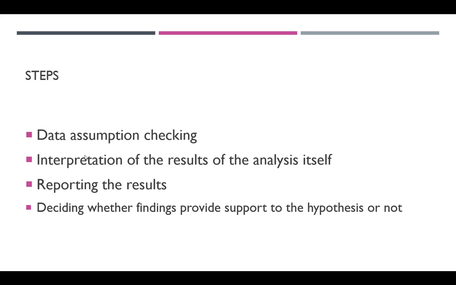So I normally look at the data assumption checking first, and that's really the order in which you should report your findings as well. And then I'll look at the actual results of the analysis. It's important to remember that when you're writing up an APA formatted report, in the results section you're describing the results, so the patterns that you've identified, things around statistical significance, effect sizes, the nature of differences between groups or relationships between variables, so positive, negative, those sorts of things.